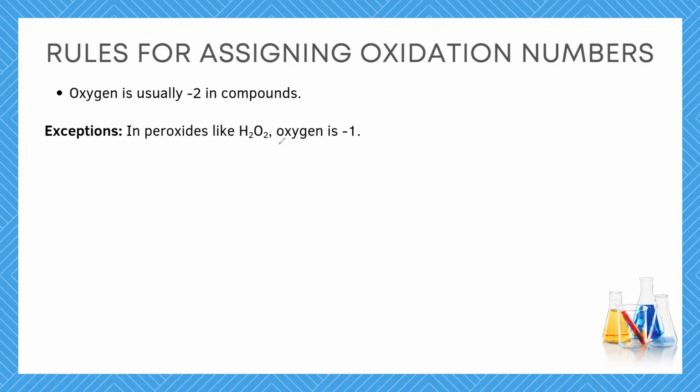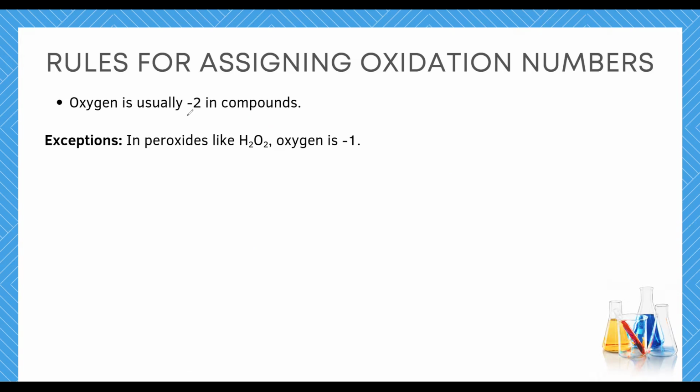What is rule number 3? Rule number 3 says oxygen is usually -2 in compounds. So when you have a compound, for instance, let's say you have H2O, the oxidation number of oxygen over here is -2. And I'm going to be showing you a process through which we can calculate the oxidation numbers of individual elements in compounds, okay?